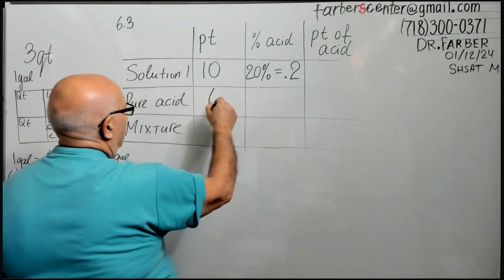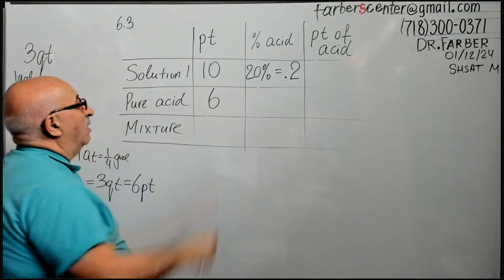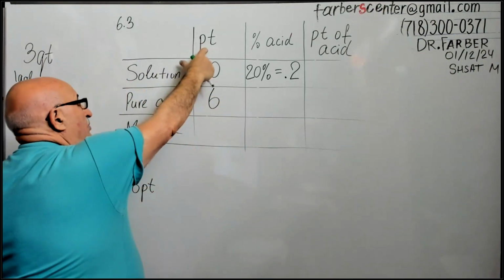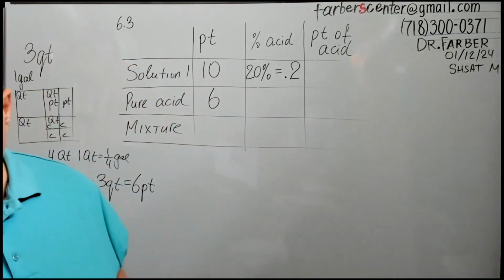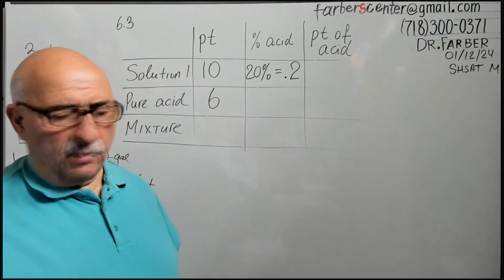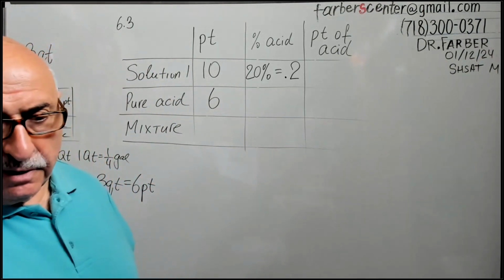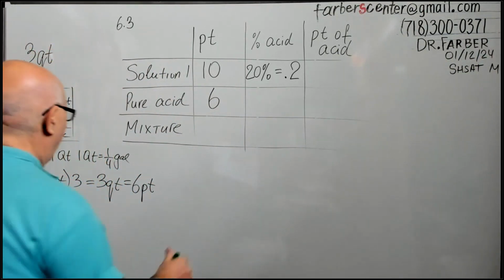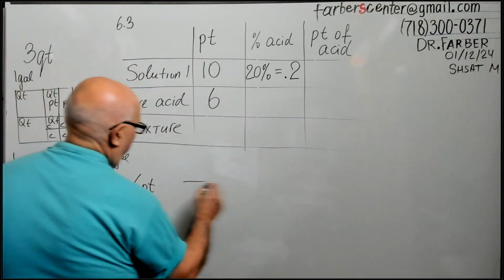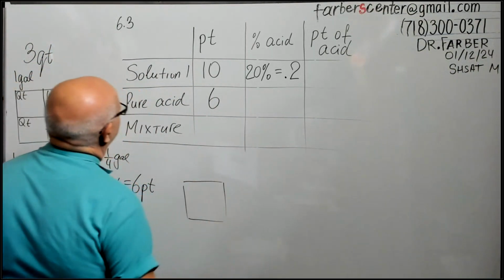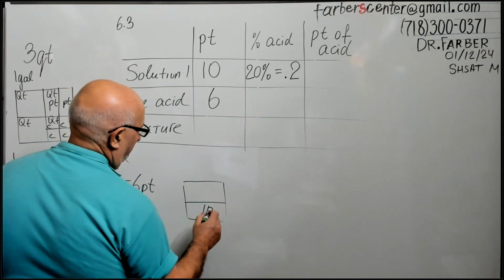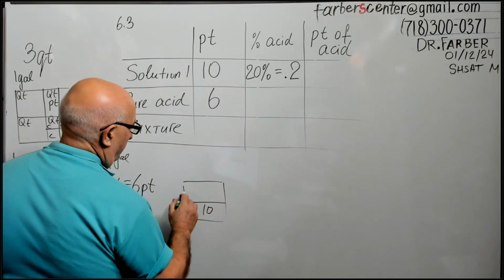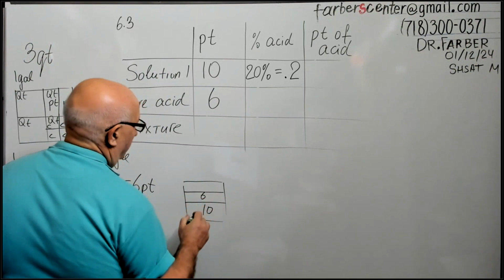This is 6. You always must convert to the same units we have here. Any questions? No questions. As you asked me before, imagine I put here a container. In this container, we had 10 at the beginning. Pints. You added 6.